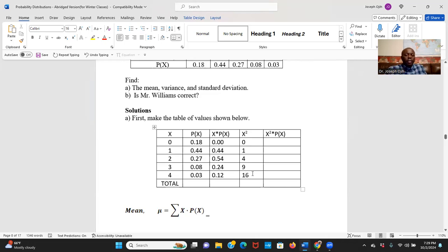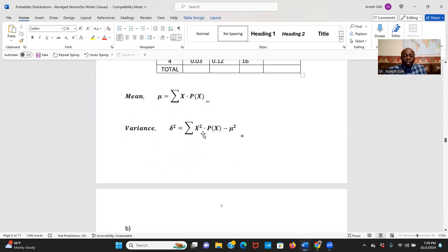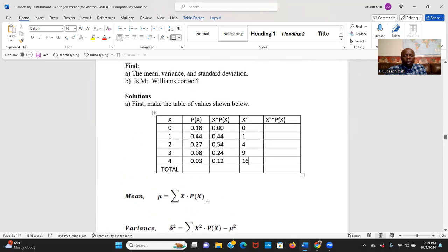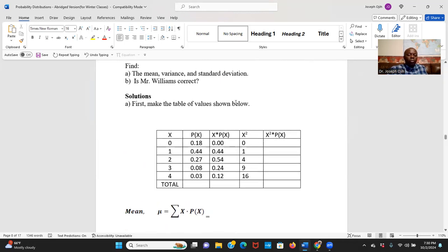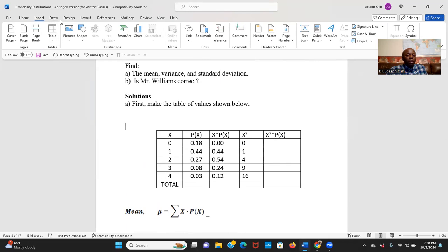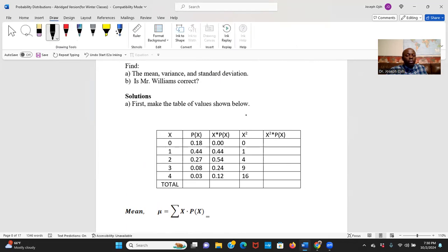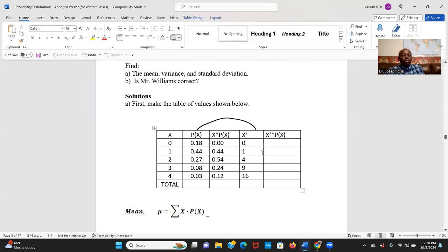Okay. Next is to multiply to get X squared times P(X), which is part of the formula for the variance. We have our X squared here, so we need to find this X squared times P(X). See?